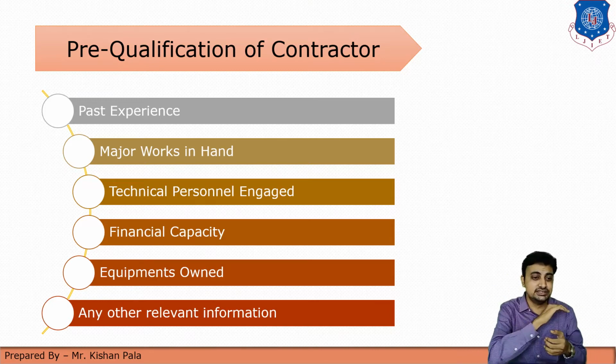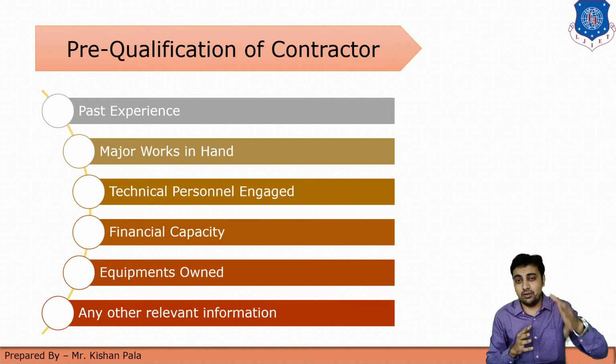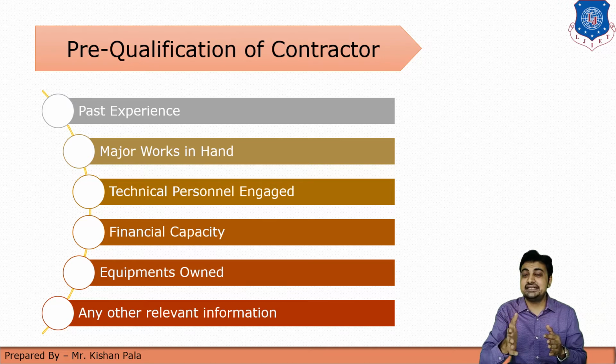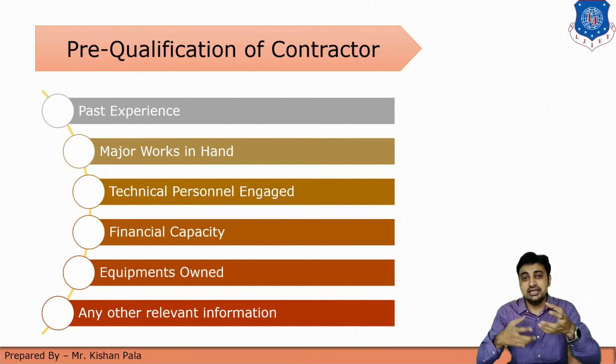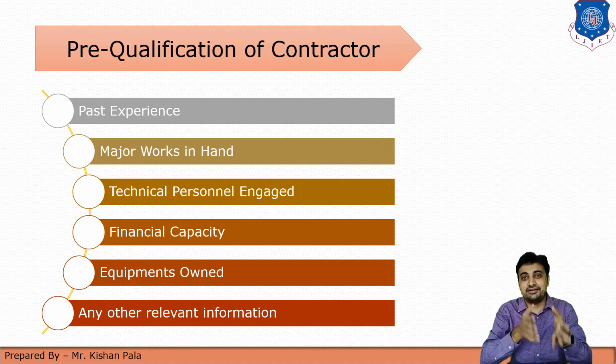And the next one is equipment owned. As we know, in our construction field, we use different types of equipment. For example, if the contractor is doing a high rise building, a crane is required for that work. So equipment is essential for any contractor. There are also small equipments like vibrators, formwork for concrete mass, or cutting tools for cutting reinforcement.